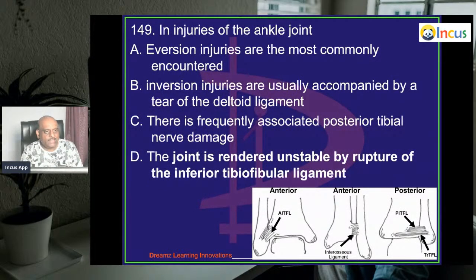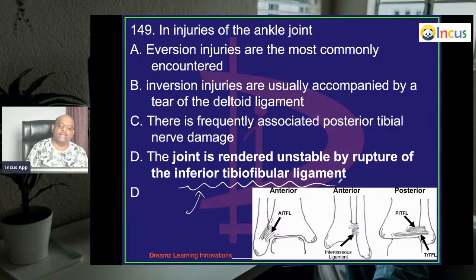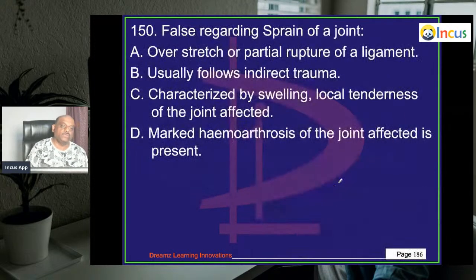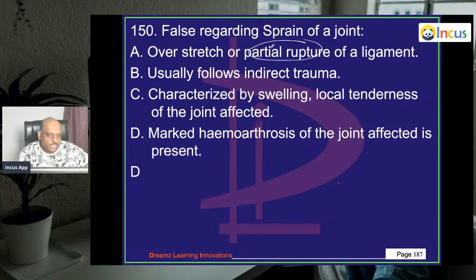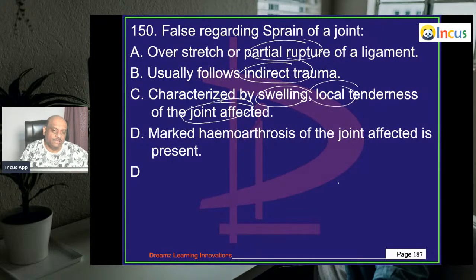Now, whenever there is any injury of the ankle joint, the joint is unstable if there is any rupture of inferior tibiofibular ligament, is what you need to remember. Spraining of the joint: there is a partial rupture of ligament, usually follows an indirect trauma. There is a swelling, local tenderness of the joint affected. So that is what happens with the spraining of the joint.